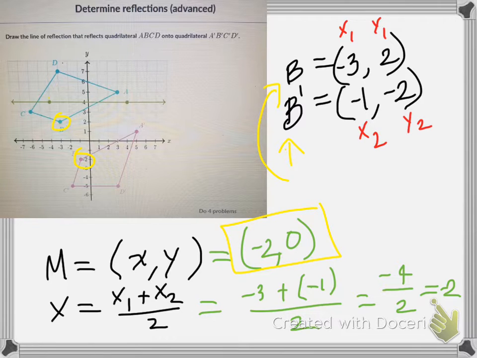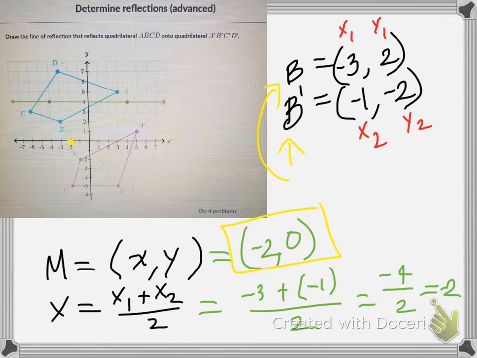If I ask you what's the midpoint between these two points, you're going to tell me it's actually negative 2, 0. So it's going to be this point right here, this little x. Negative 2, 0.